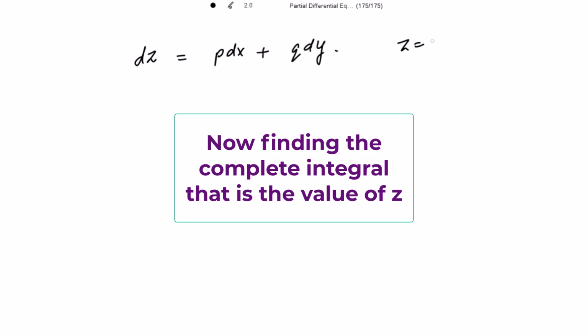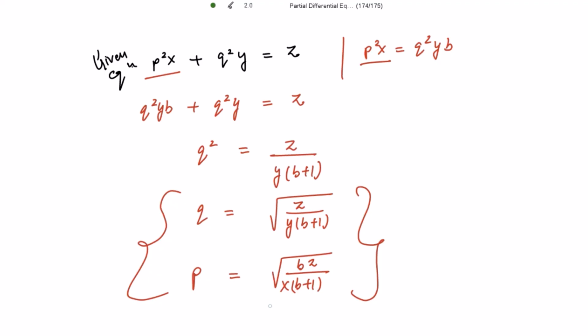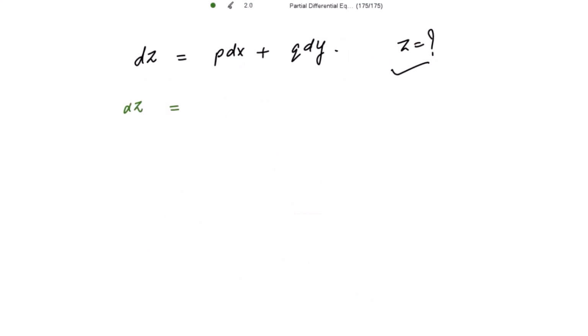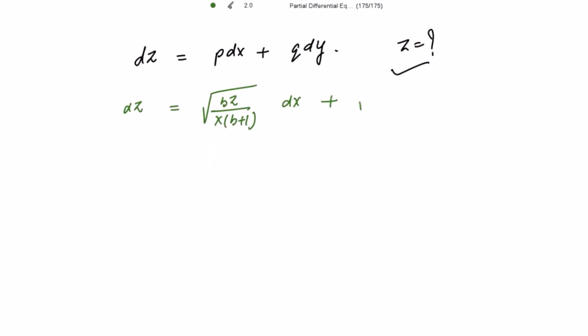We need to get the value of z now. So for that, just put the values of p and q over here. Alright, so it is dz equal to, what is p? It is square root of bz divided by x into b plus 1, dx plus, what is q? It is the square root of z divided by y into b plus 1.